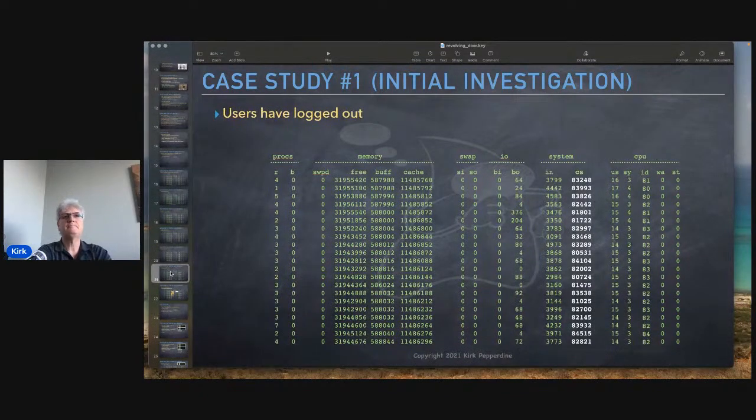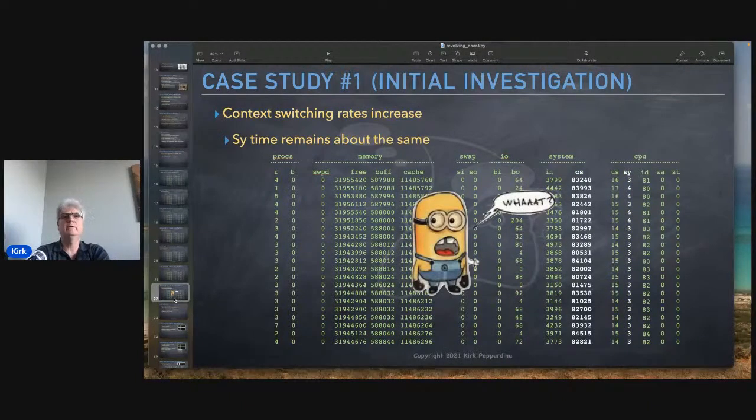Now here's the interesting one. This was the real kicker, because everyone was scratching their head over this one, right? We logged all the users out of the system, so we let the server go idle. And once the server went idle, you can see the context switching rates actually went up. And you're going, okay, what's up with that, right?